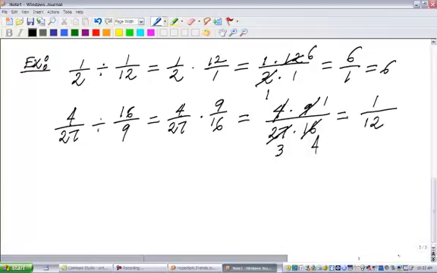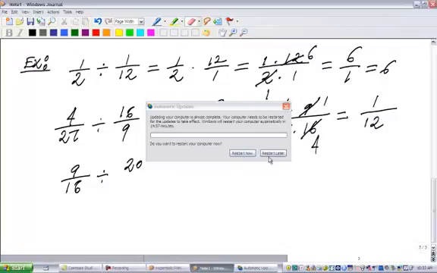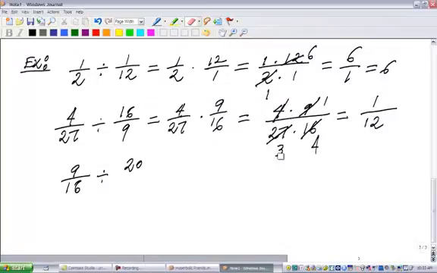Everybody is getting it. Let's do one more example like this. Let's say I have 9 over 16 divided by 5 over 20.